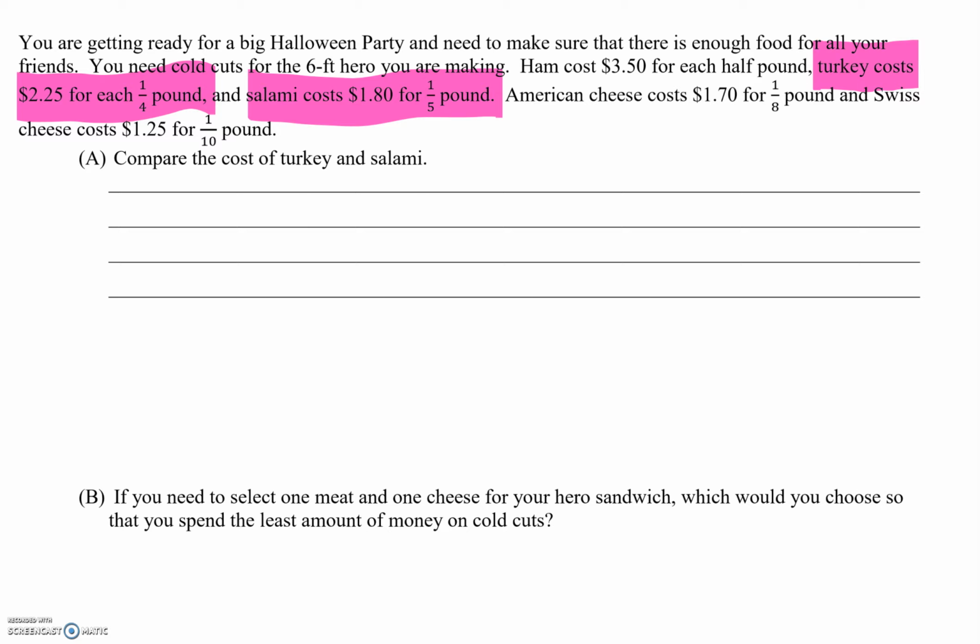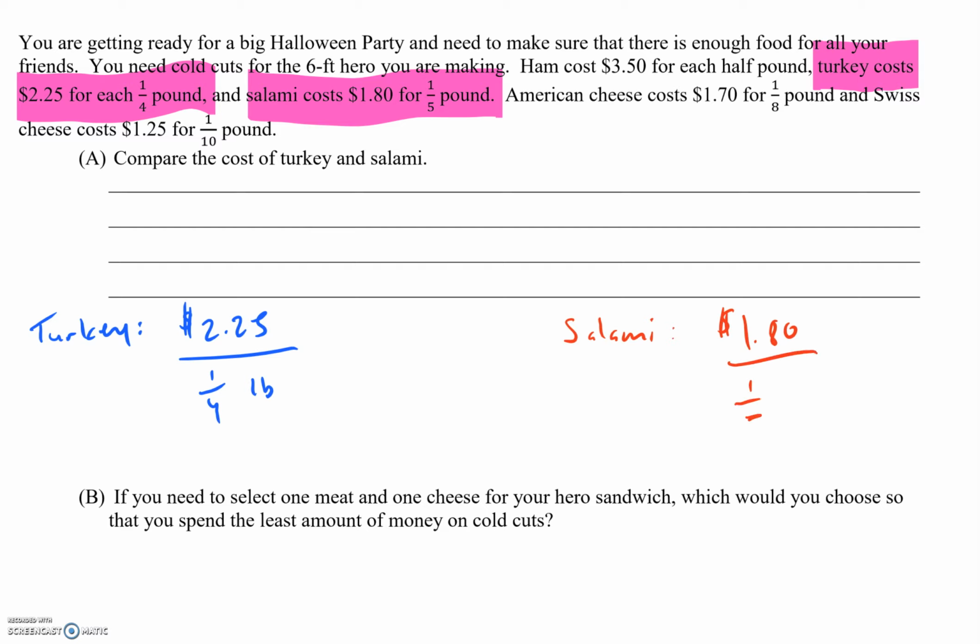So for turkey, we have $2.25 for each 1/4 pound. And for salami, we have $1.80 for 1/5 of a pound.